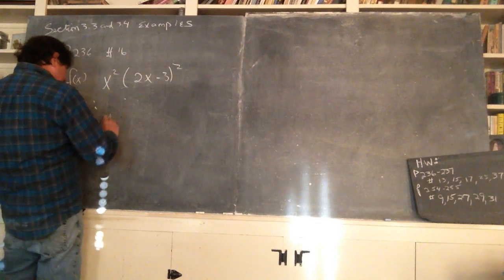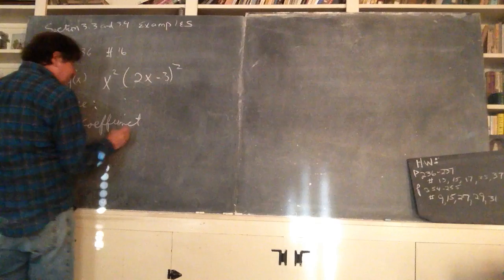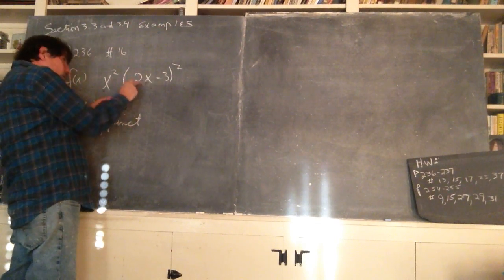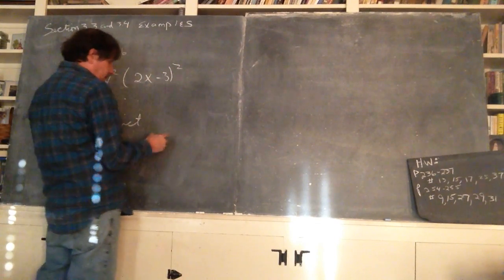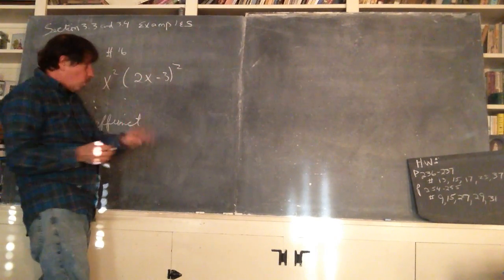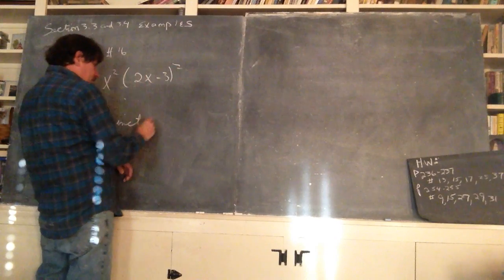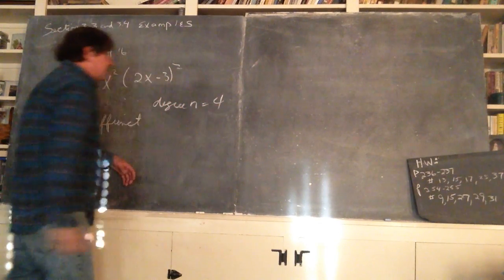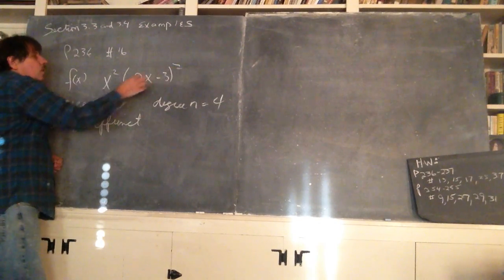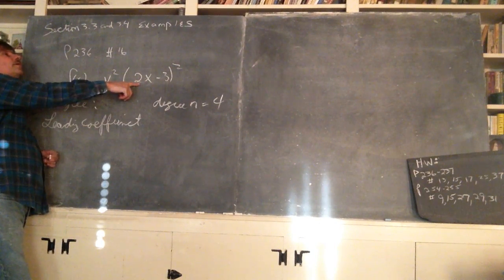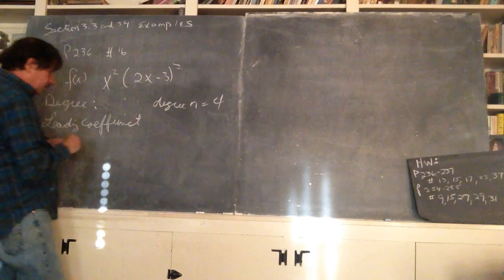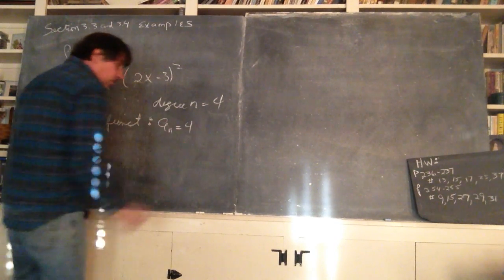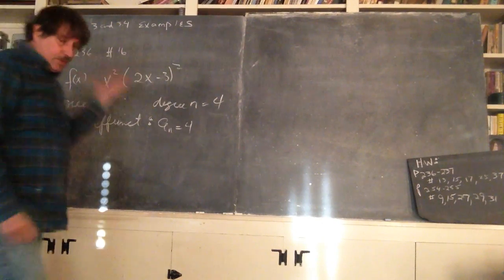And so you have to imagine yourself multiplying this out. x squared times 2x squared, that's going to be a 4x squared right there, times another x squared, so the degree is going to be 4. 2 here and 2 here, degree. And then the leading coefficient, well, we're going to square 2x, that's going to be a 4x squared, times this, the leading coefficient will also be a 4. Okay, so that equals 4. And so that's that problem.